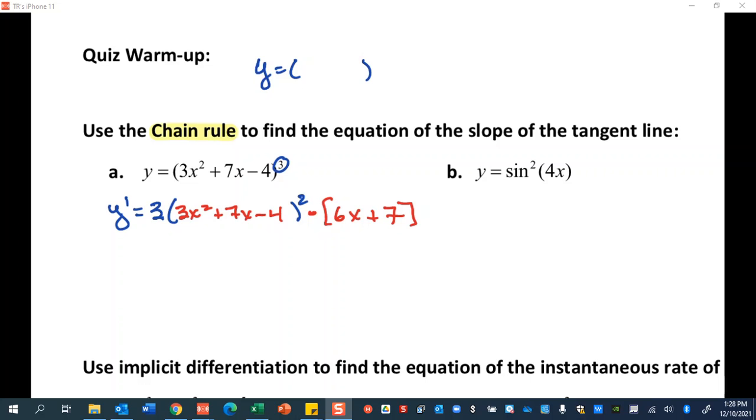Now, I think the hardest thing is getting used to what we do or do not have to simplify. I would not bother simplifying a single thing there. If you leave that answer on the quiz, you get it right. I don't have anything to cancel out. I don't have anything that's worth multiplying out. Because keep in mind why we're doing what we're doing. That is the equation of the slope of the tangent line.